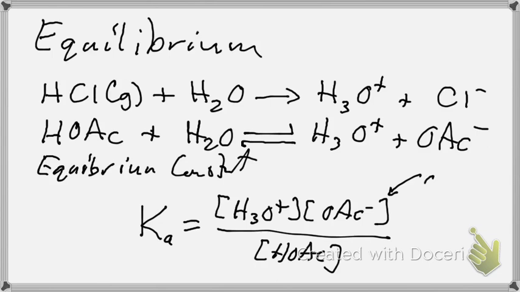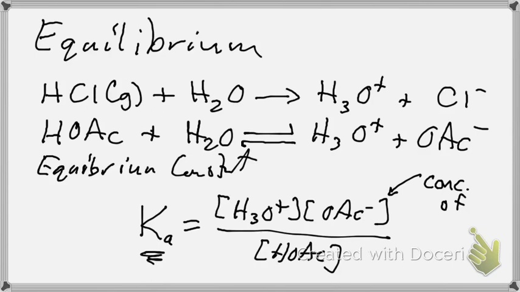This denotes concentration of. So in other words, this is not the acetate ion, rather it is the concentration of the acetate ion, probably measured in molarity. This constant, called the acid equilibrium constant, or simply Ka, is a number that can be looked up in a book.